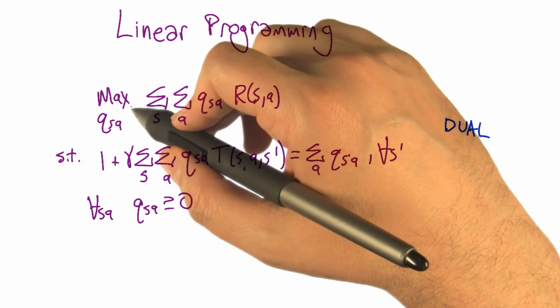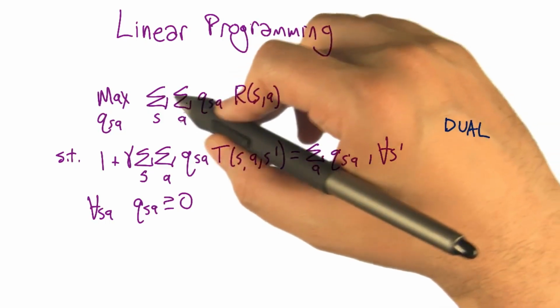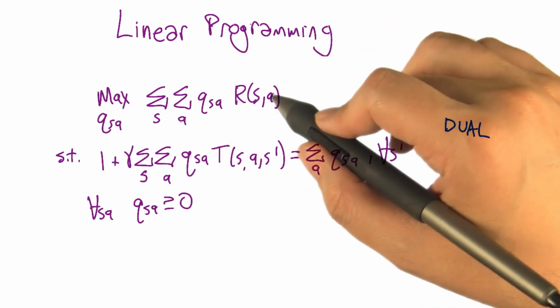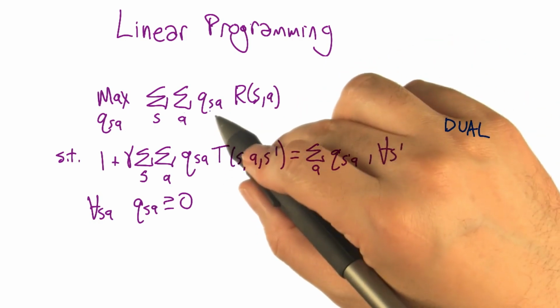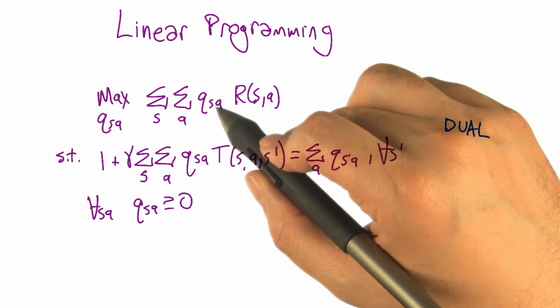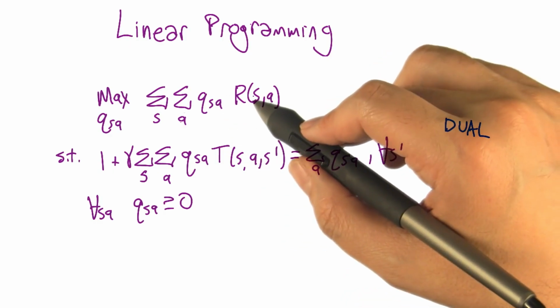Here in the dual, the thing we're trying to optimize is we're trying to maximize the sum over all state action pairs of the reward for that state action pair times this value q_sa, little q_sa. Probably not a great name for it because it's not the same as a Q value, but it's something we're multiplying by the rewards and trying to maximize.